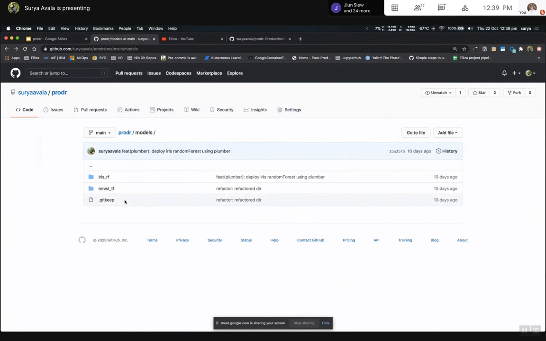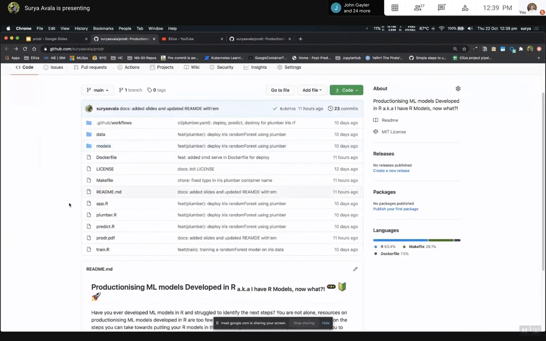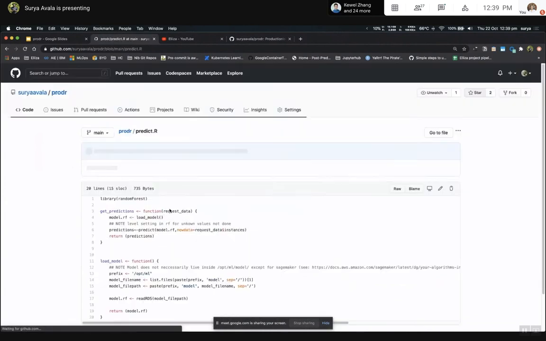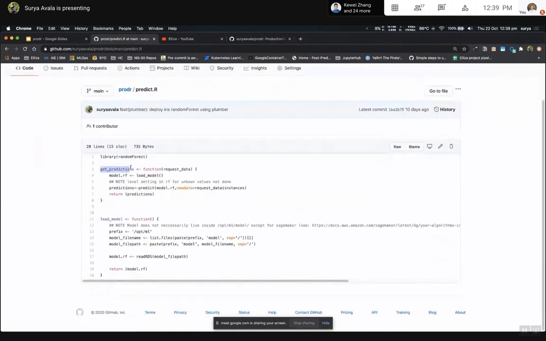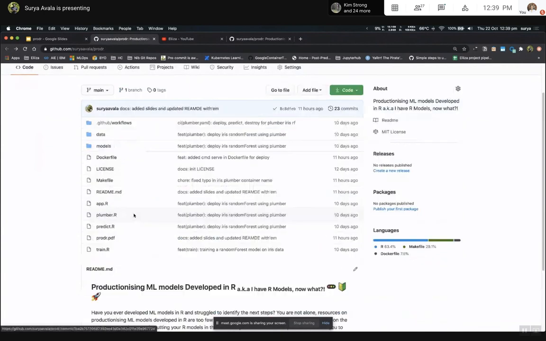I'm sure most of you are familiar with those two data sets as toy models for this demo. The other files here are essentially what we have discussed. I have my predict.r file that I have showed, which has get predictions and load model functions, like we have discussed.